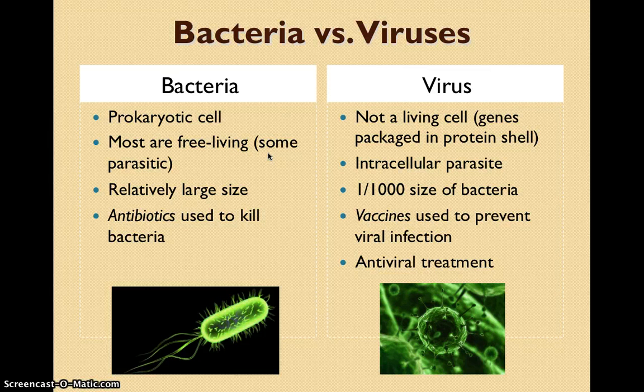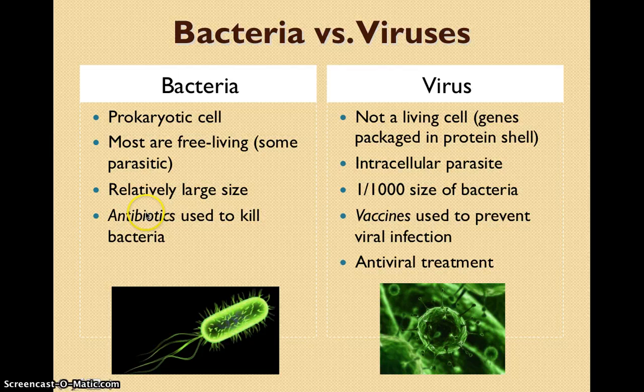But for viruses, basically vaccines are the only way we can prevent viruses from infecting the host. Viruses are important. A virus is actually not a living cell, and it acts like a parasite, but it can't really survive by itself. So those are a few very important things.